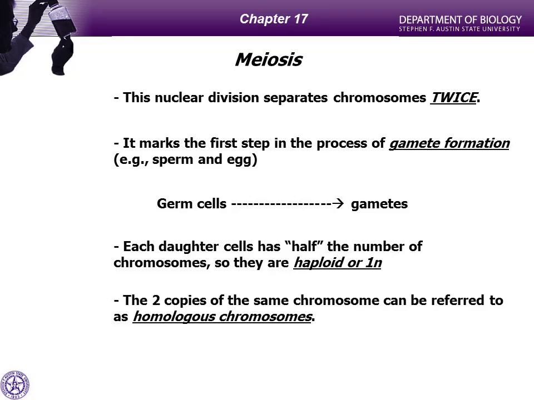In meiosis, you start with a parent cell that has 46 chromosomes. How many chromosomes does each one of the resulting daughter cells at the end of meiosis have? 23. You cut the number in half. That's the reduction part. And the way you reduce is you do basically a nuclear division twice.